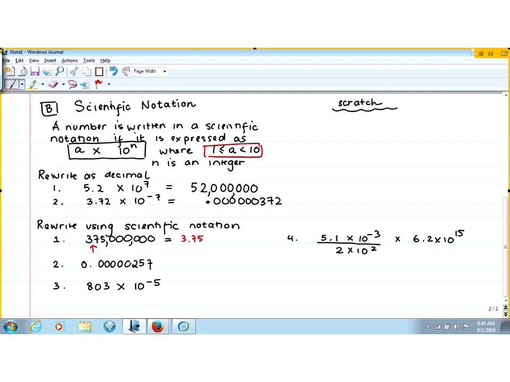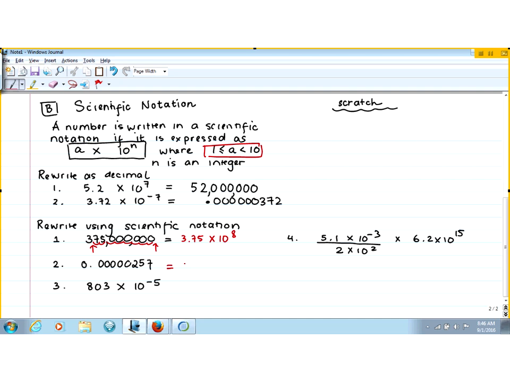Yes, it says it has to be between 1 and 10. Yes? So, how many here? 1, 2, and then 3, 4, 5, 6, 7, 8. So 3.75 times 10 to the 8. Okay. That's right.